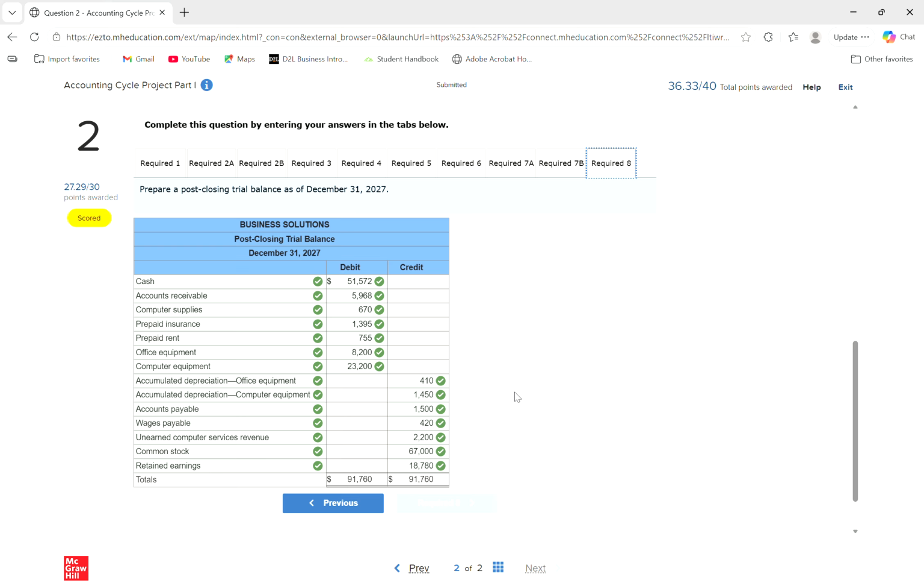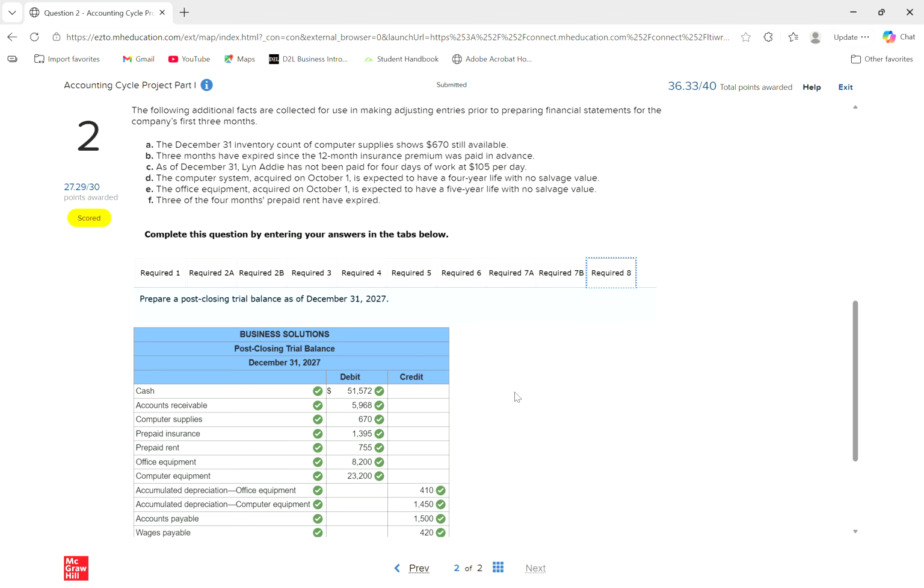This accounting cycle demonstrates that Business Solutions generated positive net income, increased retained earnings, properly matched revenues and expenses, and accurately recorded depreciation and accrued liabilities. Correcting errors throughout the process reinforced the importance of reviewing calculations and verifying the ledger balances.